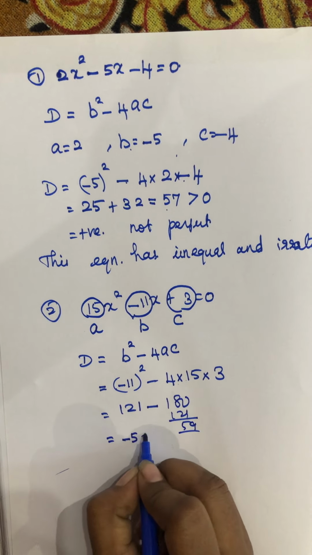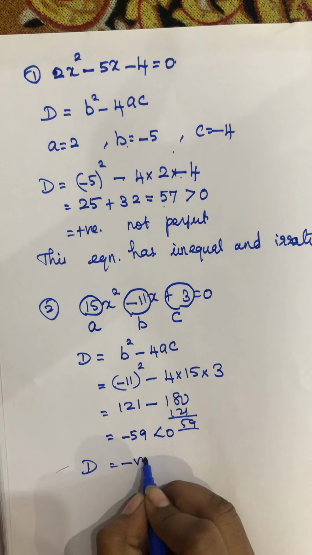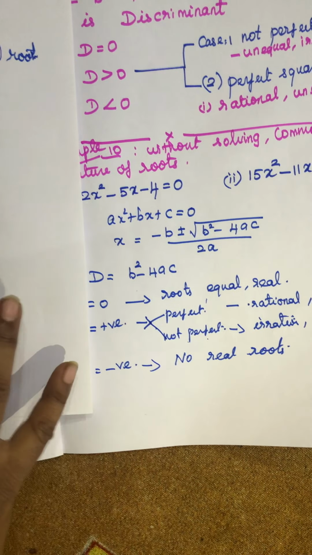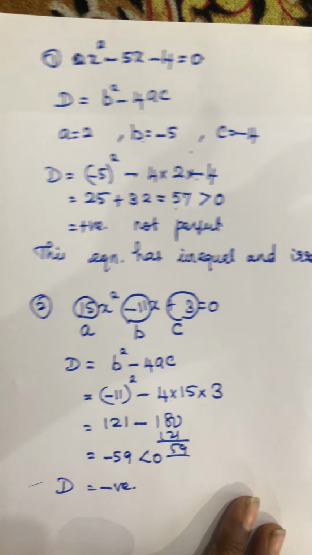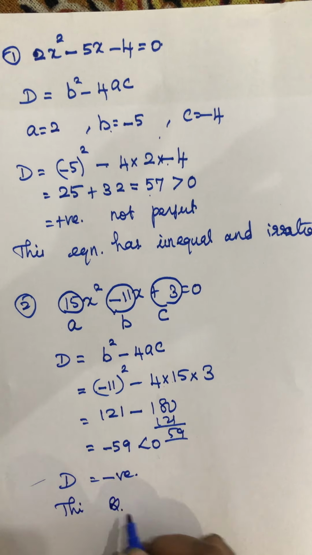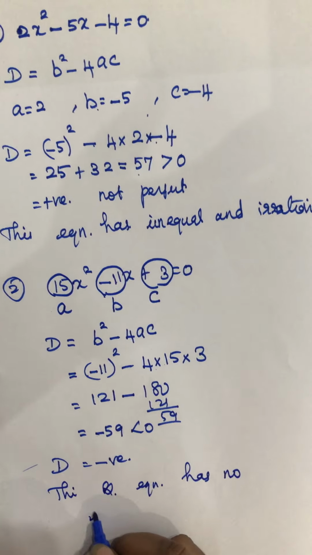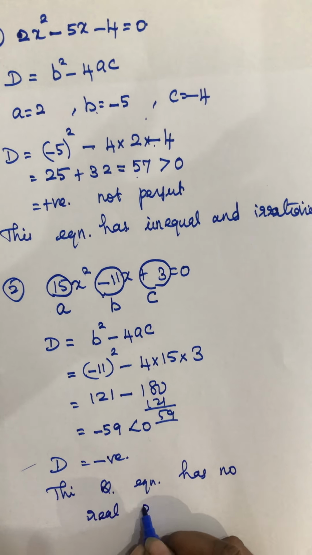So D is less than 0, negative. What is the condition you have studied? If D is negative, it has no real roots. So you can write the nature here: this quadratic equation has no real roots.